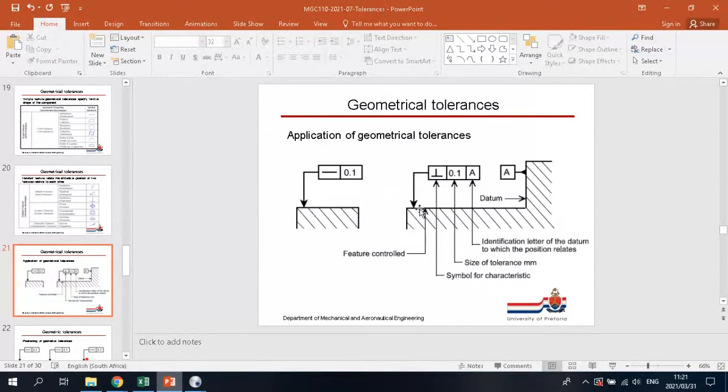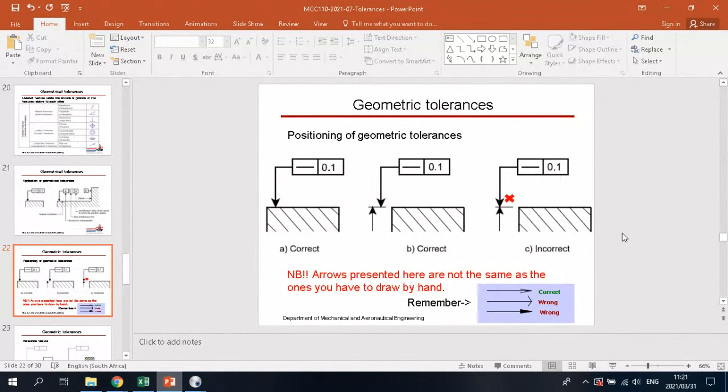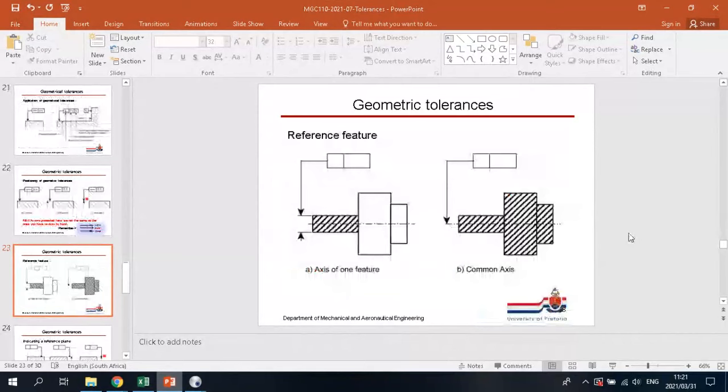So you can say that this surface must be perpendicular within 0.1 millimeters with respect to reference A. And then you put a label on A that says there is A. So that one must be perpendicular within 0.1 millimeters of that one. You can just go and have a look at the different ways to indicate these on a drawing.